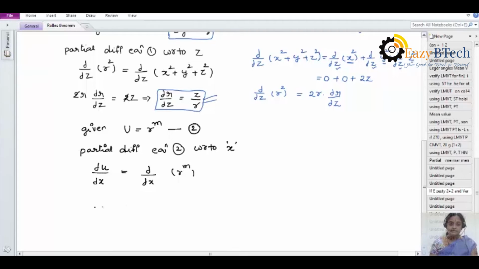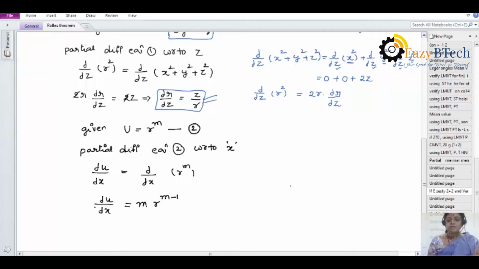Okay students, the LHS part as it is, I am writing ∂u/∂x. Now, as I told you, r always consists of 3 variables. With respect to x here we are doing, and r consists of x, so the partial differentiation will exist here. That means m into r^(m-1).